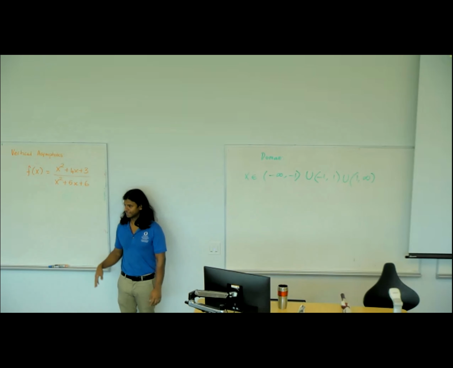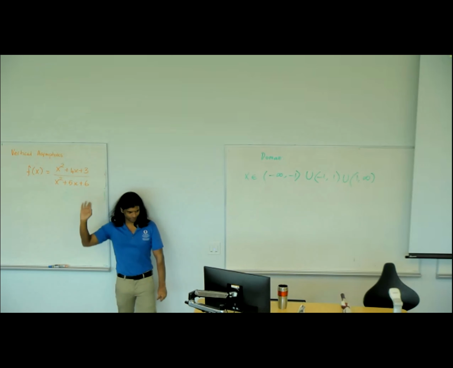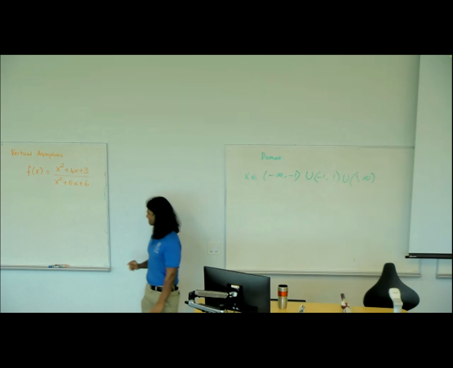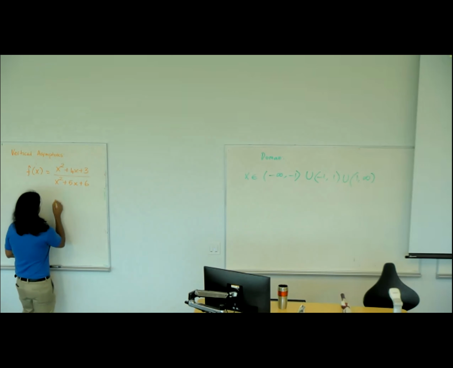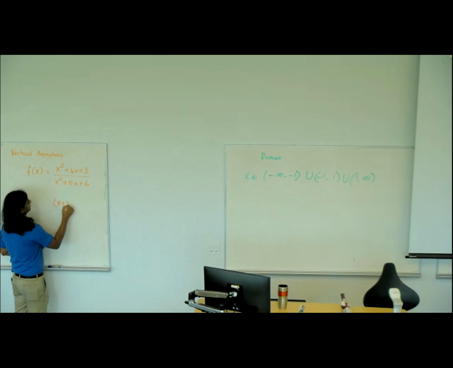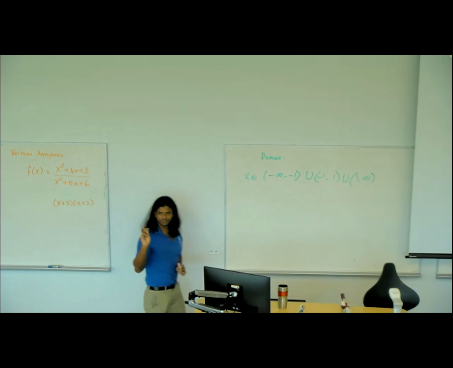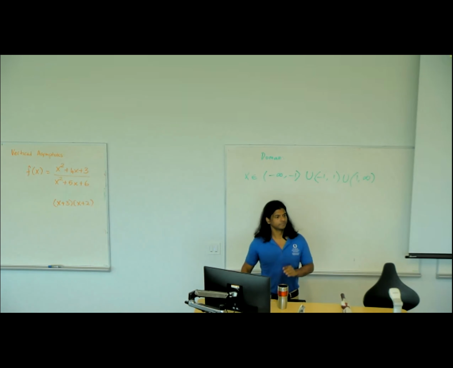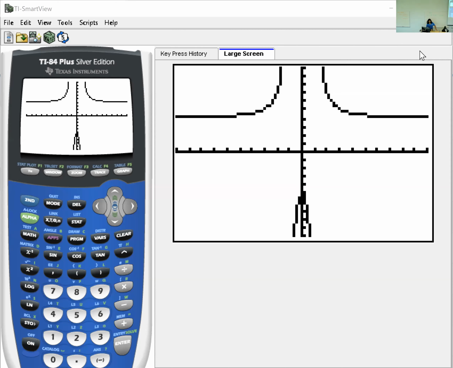Naturally, we would factor, or use the quadratic formula. Is it possible to factor the denominator? Yes. x squared plus 5x plus 6 is x plus 3 times x plus 2. Agree? Now, two asymptotes, one at negative 3, one at negative 2.